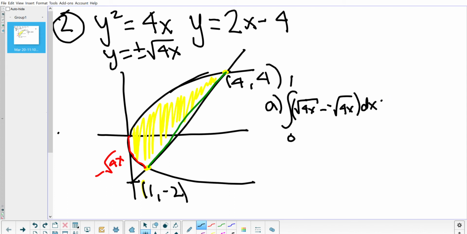Then you would add to that, from 1 to 4, it is the square root of 4x minus the line. And since that's a binomial, I need to put it in parentheses. So minus the quantity of 2x minus 4.